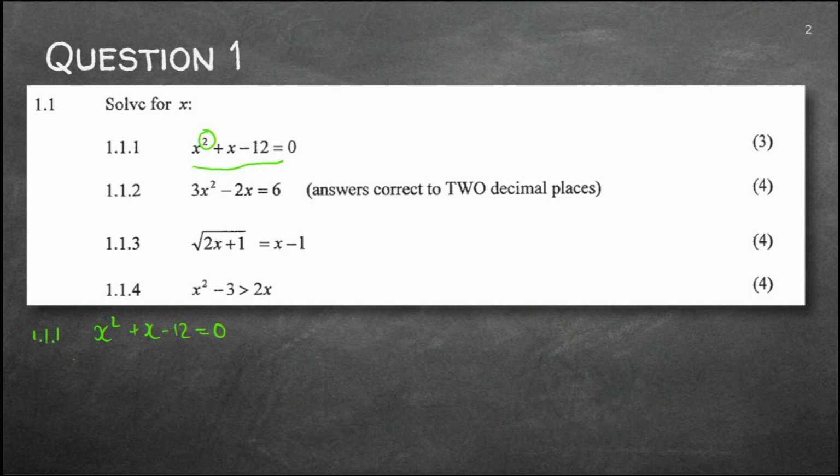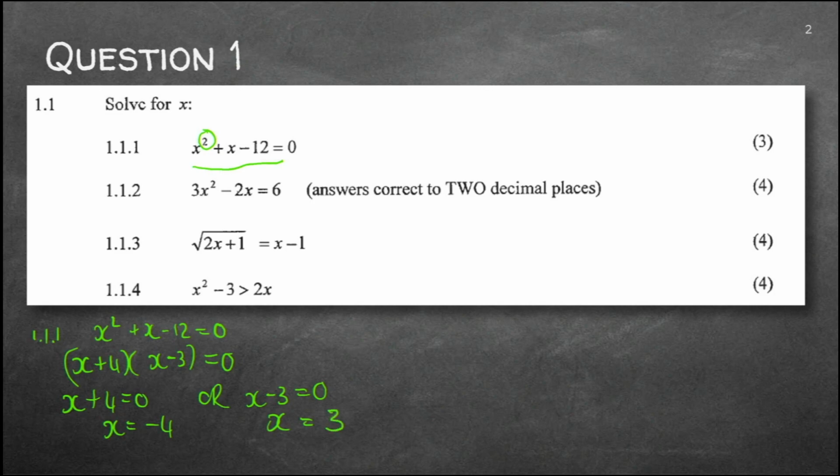We need to factorize. It will be x plus 4 multiplied with x minus 3 equal to 0. This means that x plus 4 will be equal to 0, or x minus 3 will be equal to 0. So x will be equal to negative 4, or x would be equal to 3.